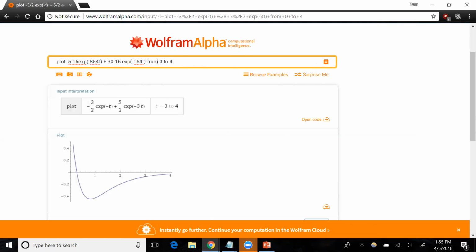Now, what should the range of t be? The biggest tau is 1 over 164, which is about 1 over 200. 1 over 200 is about 0.005, right? We want to go 5 of those time constants, so it should be like 0.025 or something. So we go from 0 to 0.025.